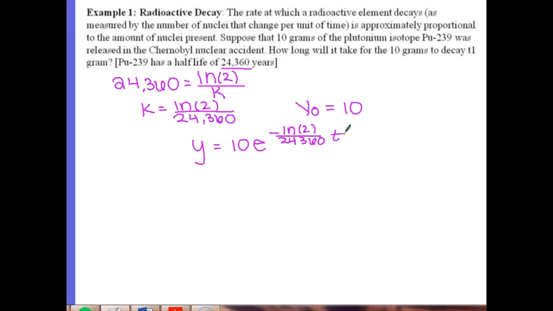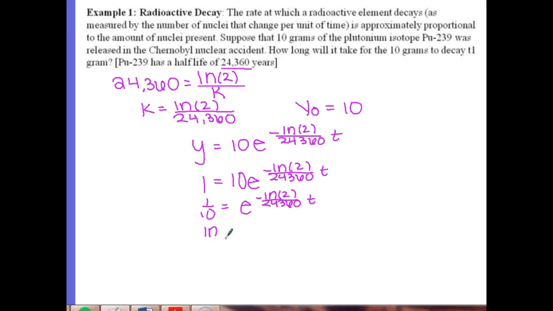What am I looking for? What is the question really asking? It's the time when y is equal to 1. So it's 1 equals 10 e to the negative ln 2 over 24,360 times t. So you divide by 10. And then you ln both sides.